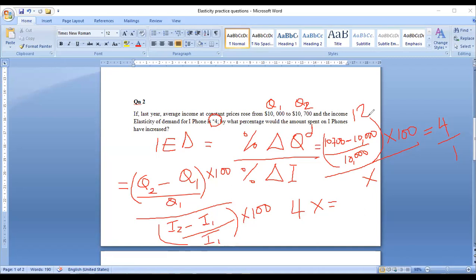I divided 10,700 subtracted 10,000, that is 700, divided by 10,000, times 100%. That is 7. Then it will be 4x equals 7. Then you divide both sides by 4 because we are looking for x.